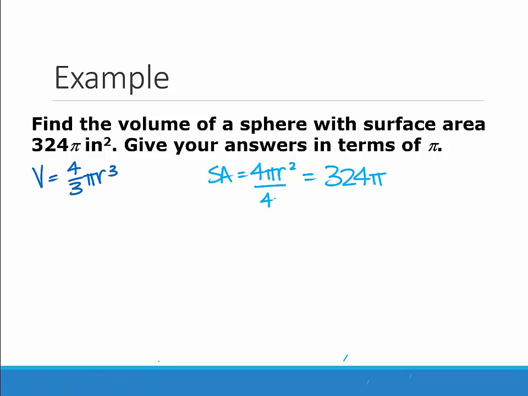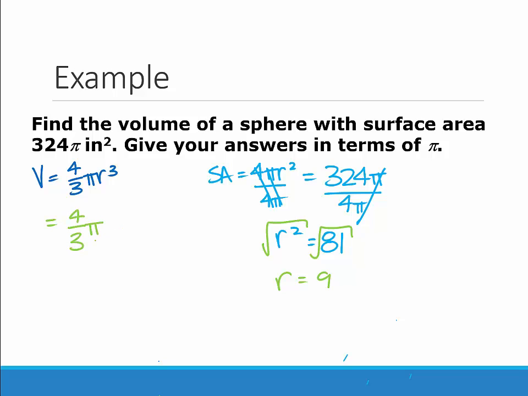So we can divide by 4 pi on both sides. So we're left with the radius squared. And if you do 324 divided by 4, you end up with 81. So then when we take the square root, we can see that we have a radius of 9.